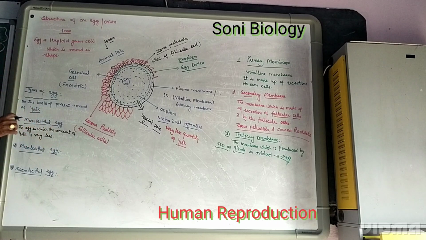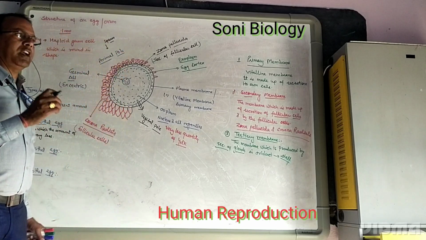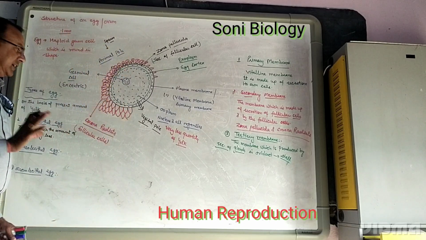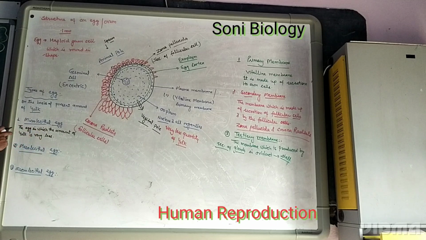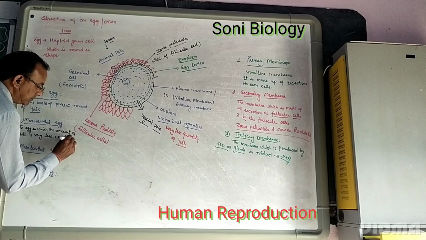Because in human beings, all or most of the nutritive substances are provided to the embryo by the placenta, so there is no requirement of yolk. That is called a microlecithal egg, for example, human being.